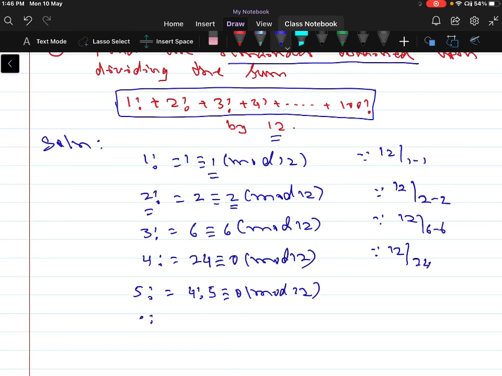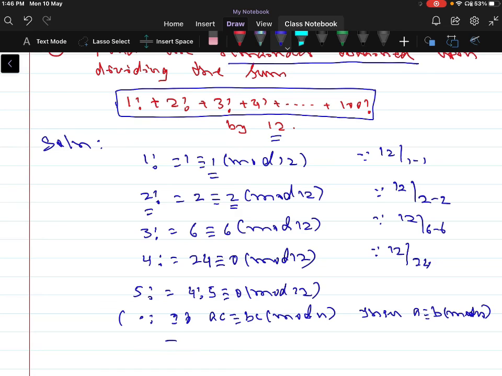Since you can observe that if AC is congruent to BC modulo n, then you cannot conclude that A is congruent to B modulo n.